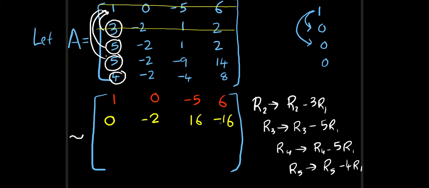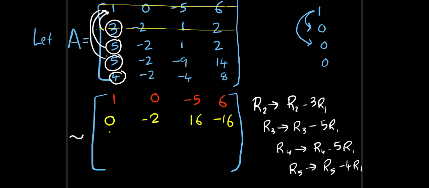And always remember, even a simple mistake will give you the wrong answer. Even if you simply write plus instead of minus or minus instead of plus, that's it. One element will be wrong and your rank will be wrong.